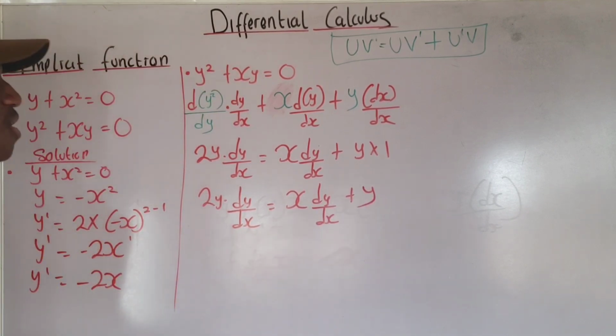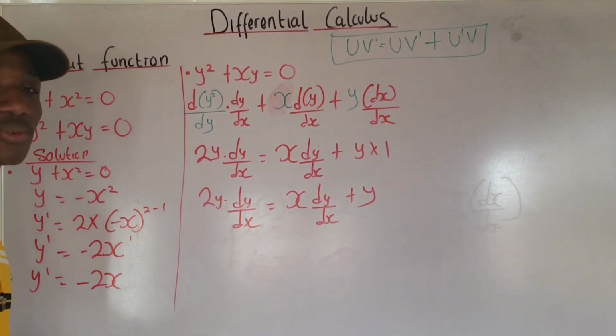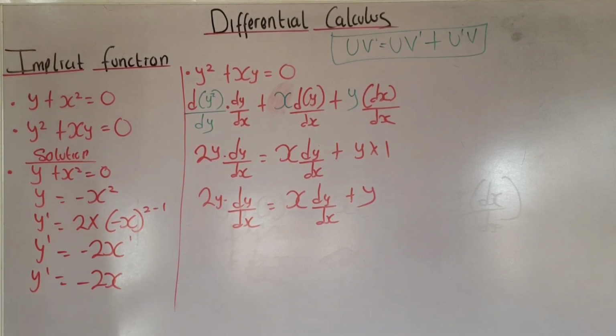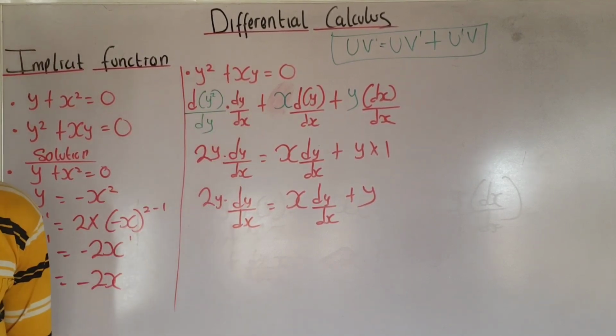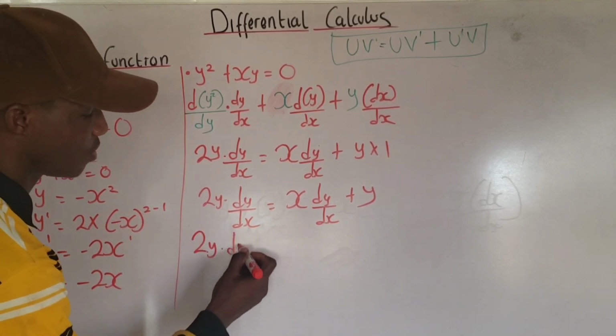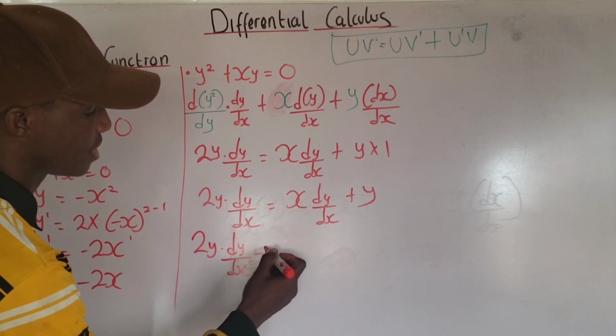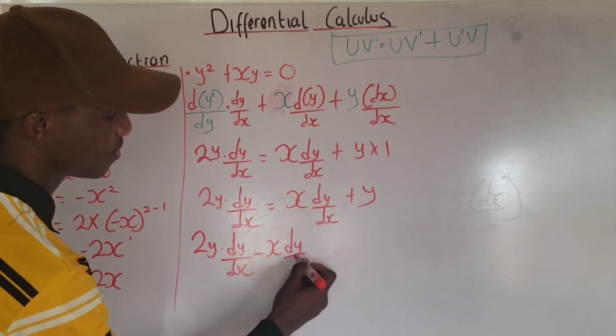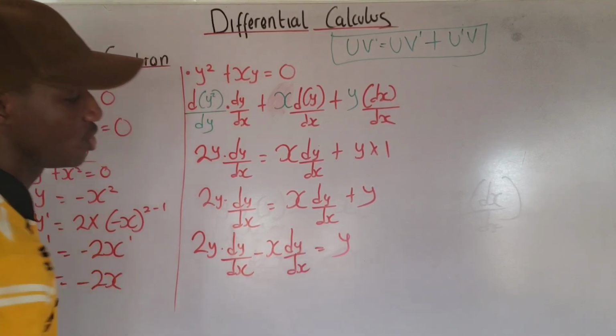Now do you know that what I'm looking for is the derivative of y with respect to x? We are asked to differentiate this function with respect to x. So here I'm going to have 2y dy/dx minus x dy/dx equals y. Do you know what I did?